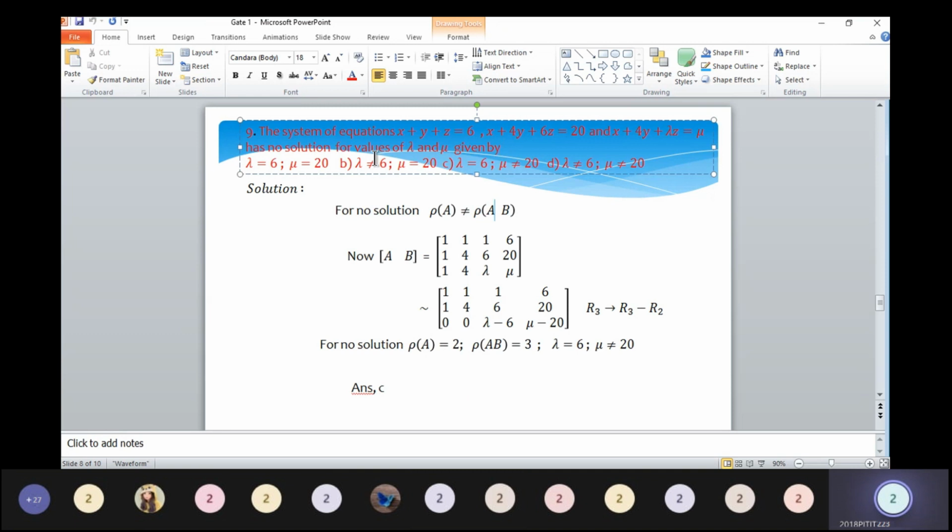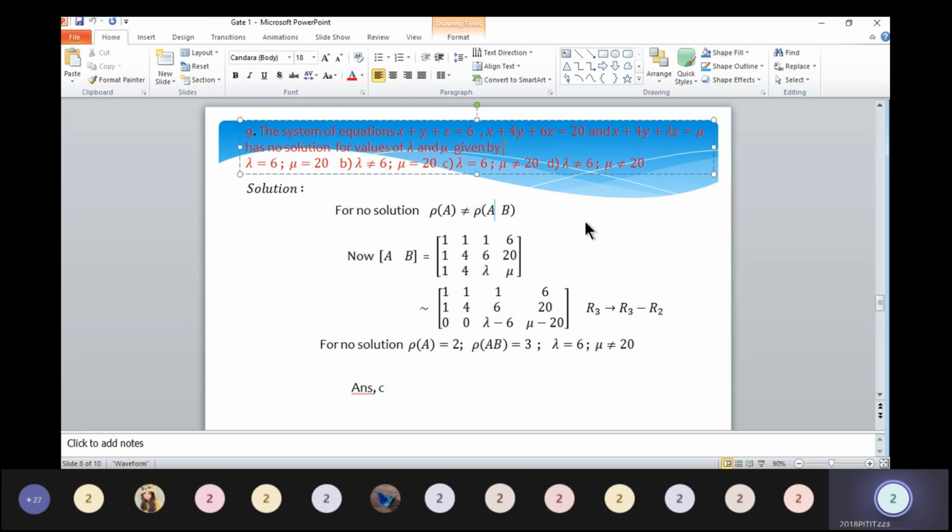Option A: lambda equals 6, mu equals 20. Option B: lambda not equal to 6, mu equals 20. Option C: lambda equals 6, mu not equal to 20. Option D: lambda not equal to 6, mu not equal to 20. So, for no solution, rank of A is not equal to rank of [A|B].